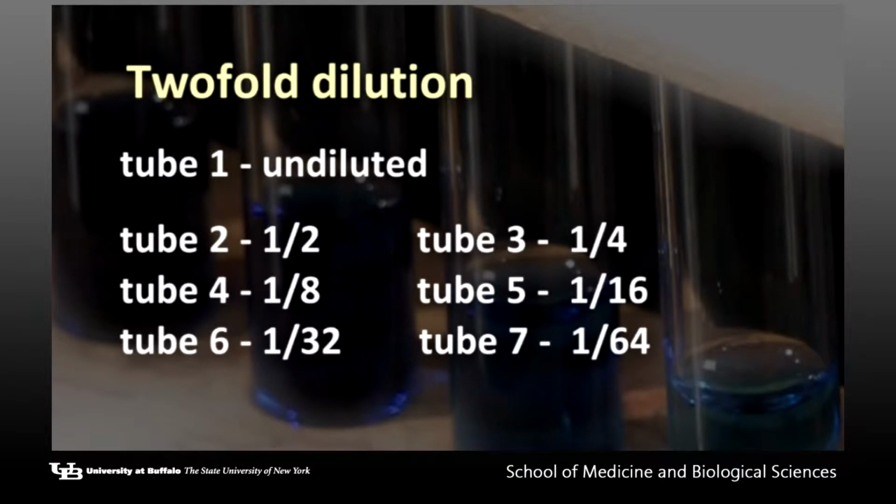The second tube contains half the amount of serum and therefore half the amount of antibody. The third tube contains a quarter of the amount of antibody. The fourth tube contains an eighth. The fifth contains a 16th. The sixth a 32nd. The seventh tube a 64th, etc.